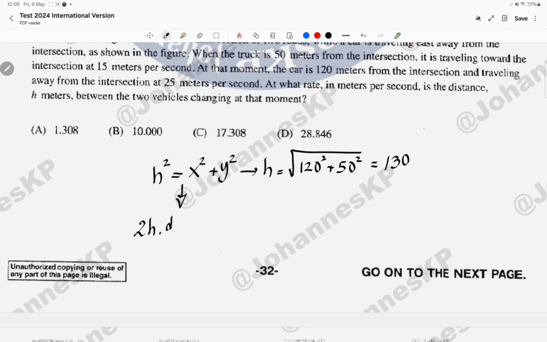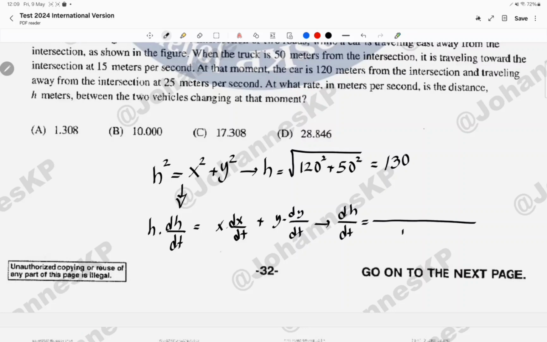So 2h dh over dt equals 2x dx over dt plus 2y dy over dt. And you can cancel every 2. Now we're looking for dh over dt, right? So dh over dt is equal to, h goes in the bottom, x times dx over dt plus y dy over dt.